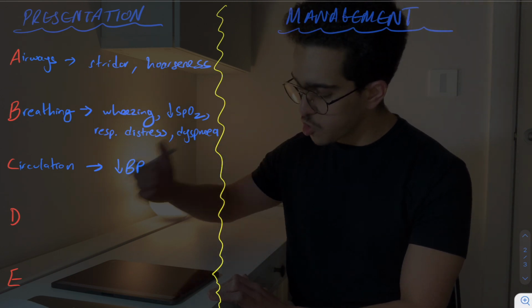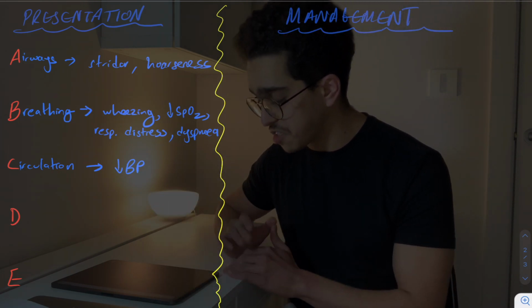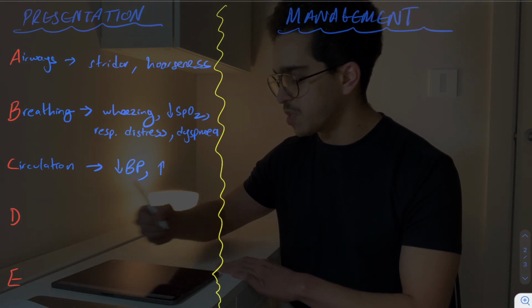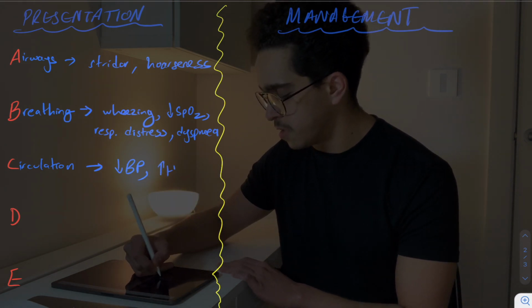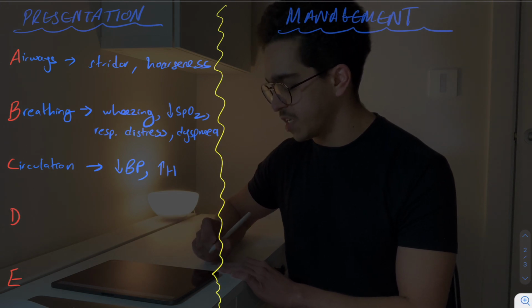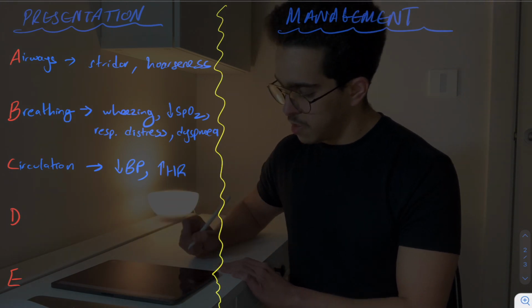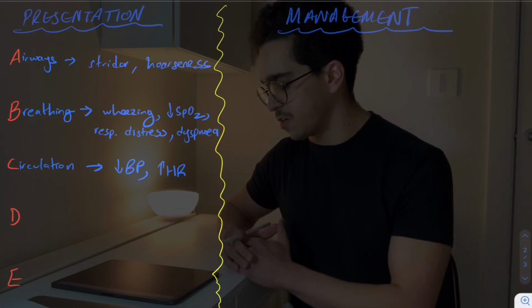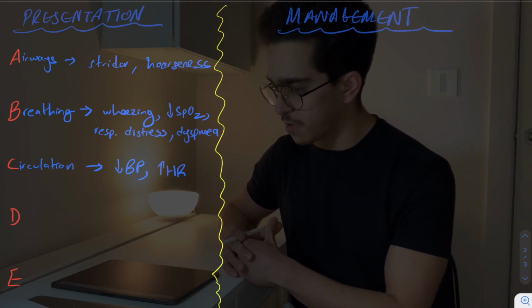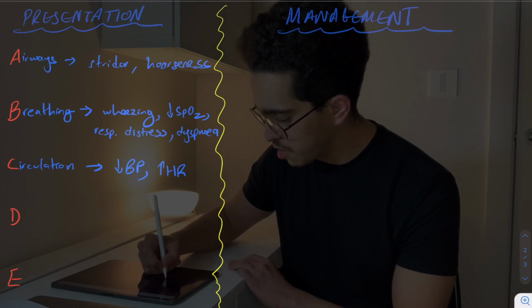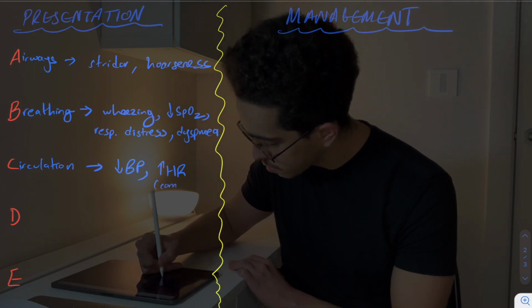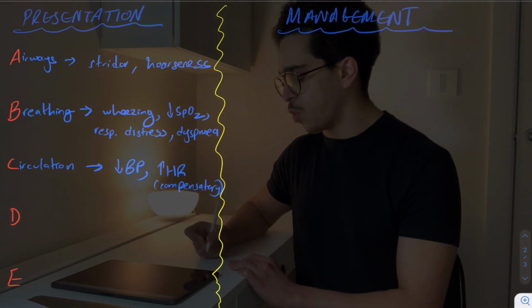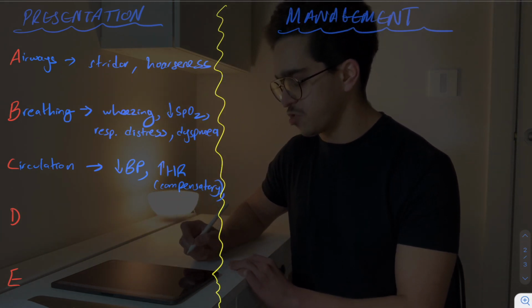So the heart rate is going to increase to try to compensate and increase the cardiac output to increase the blood pressure. But in this case, the compensation isn't going well. So the increased heart rate is compensatory.